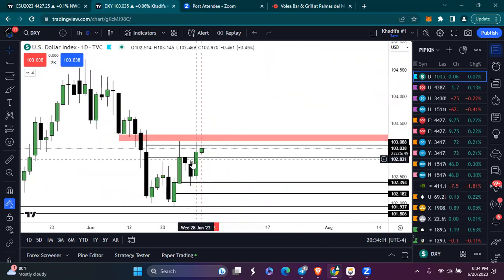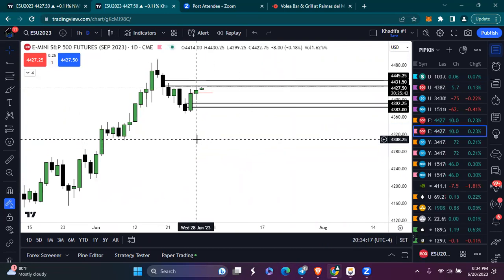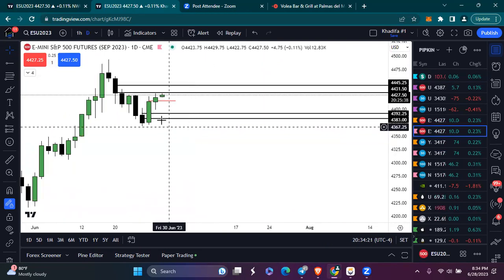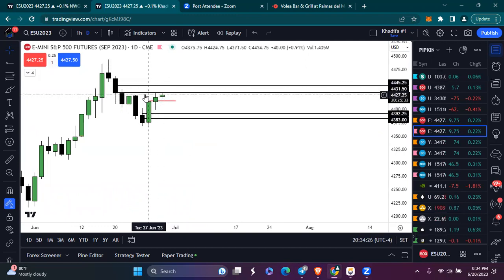So yeah, I was looking at ES and ES was correlating with the dollar today, right? But ES didn't break above its daily fair value gap.